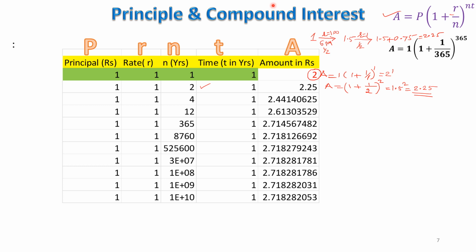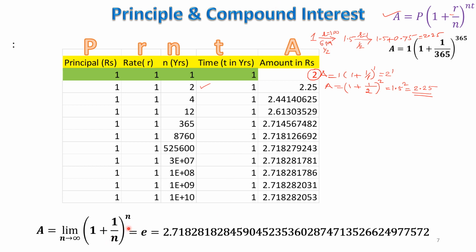So here we are arriving at a problem of calculus where this problem is addressed. A is equal to limit n tends to infinity 1 plus 1 upon n to the power n. So here the answer is 2.718281828845, so on and so forth.